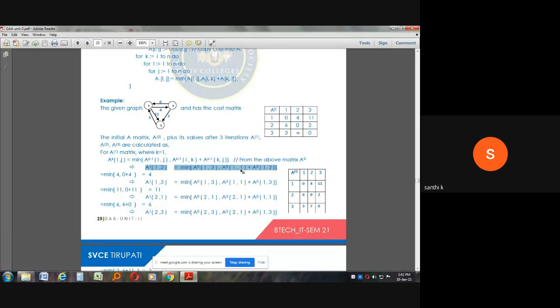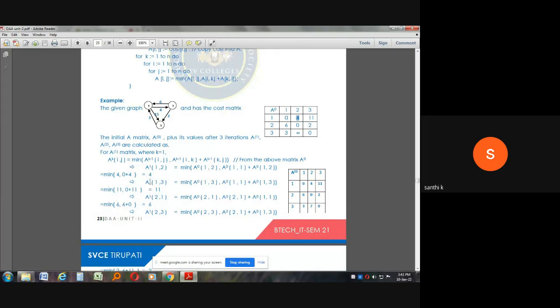What is a power 0 1 comma 2? It is 4. And what is a power 0 1 comma 1? It is 0, plus 4. So both values are the same, 4 and 0 plus 4, so it is going to have the value 4.